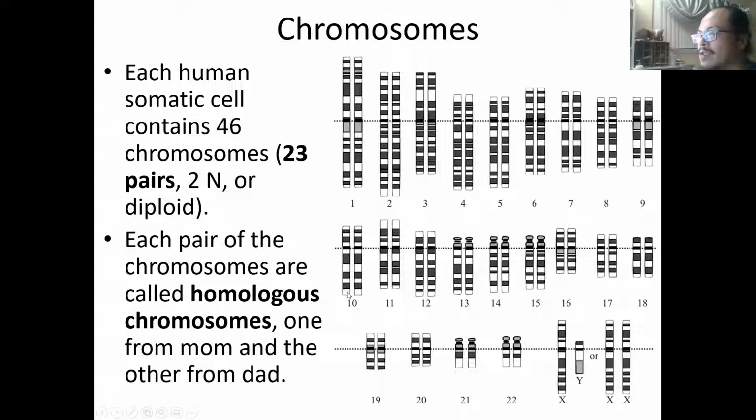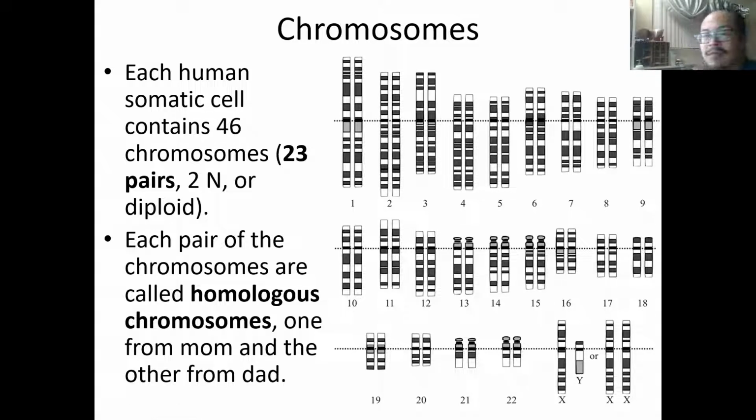We call these pairs the homologous chromosomes. They are homologous, they are similar to each other, though they are different. Your mom looks different from your dad, right? So even though your mom has the hair gene and your dad has the hair gene, the color of the hair could be different. The height could be different.